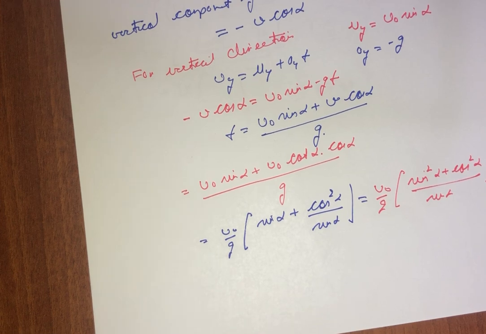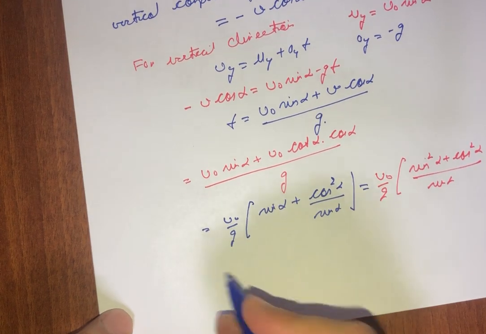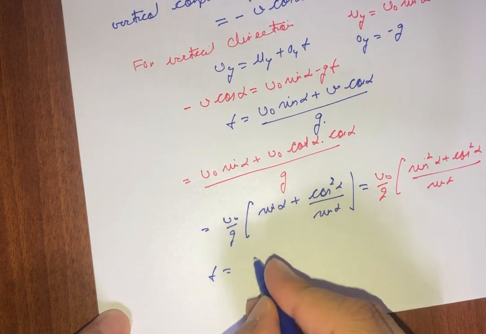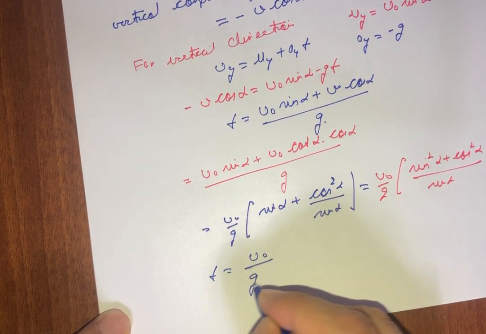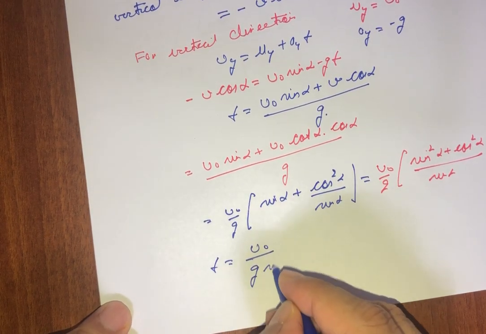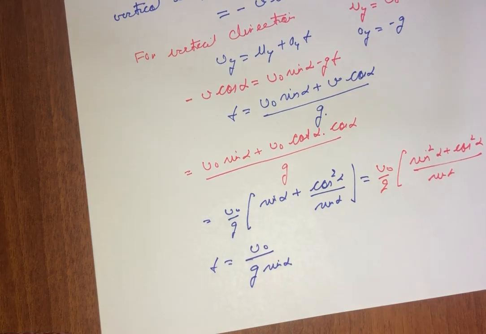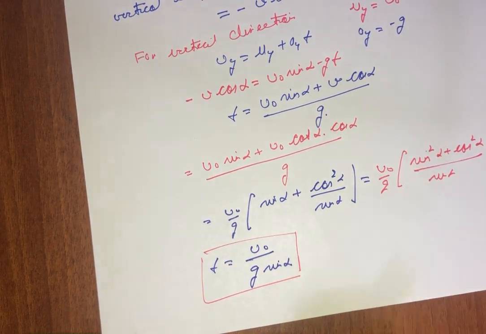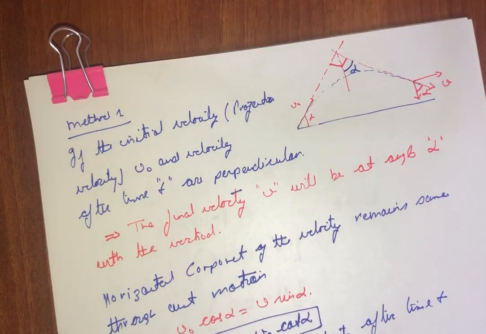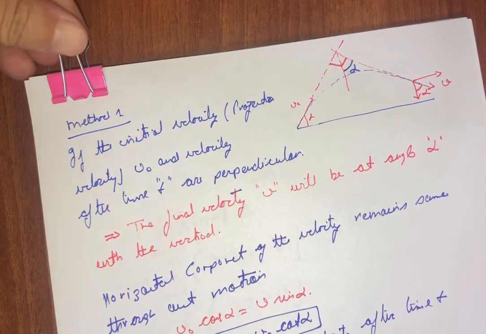Sin square alpha plus cos square alpha is 1. So we can see that time is given as v naught divided by g sin of alpha. So this is the required time of flight, after which it becomes perpendicular. So this was our method 1. We can do it for method 2 also.